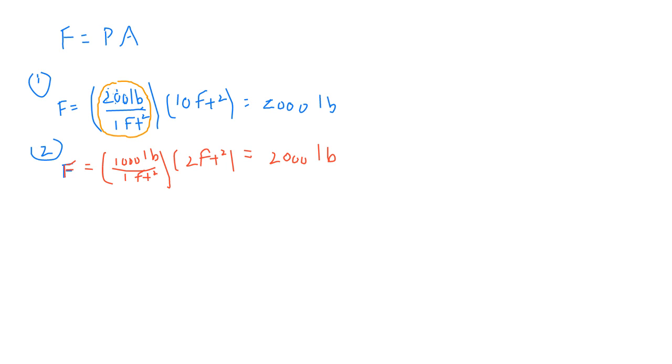In other words, per square foot, the person is 200 pounds. Spread across 10 square feet, it's 2,000 pounds.